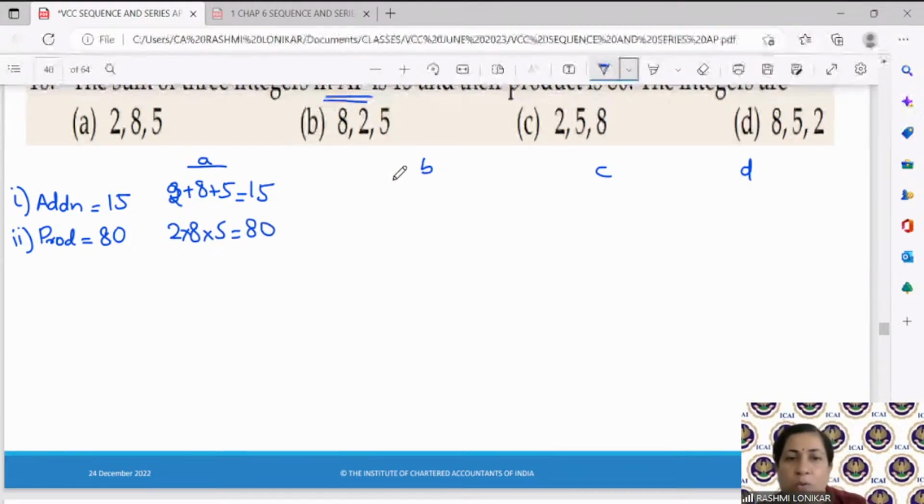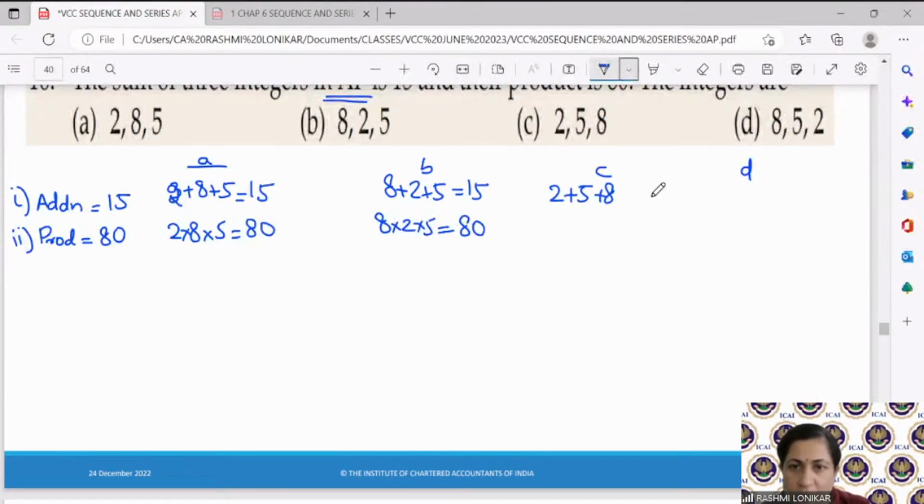Okay. 8, 2, 5. 8 plus 2 plus 5 is equal to 15. 8 into 2 into 5, 16 5s are 80. Then 2, 5, 8. 2 plus 5 plus 8 is 15. And 2 into 5 is 10. 10 into 8 is 80. Now 8 into 5, 8 plus 5 plus 2, 13 plus 2, 15. 8 into 5, 40. 40 into 2, 80.